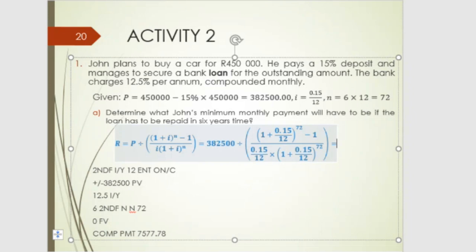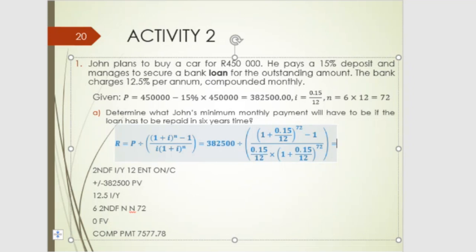Okay, then I can go down to again that fraction 0.15, then going down is 12. I can put multiplication, and then there's open brackets.